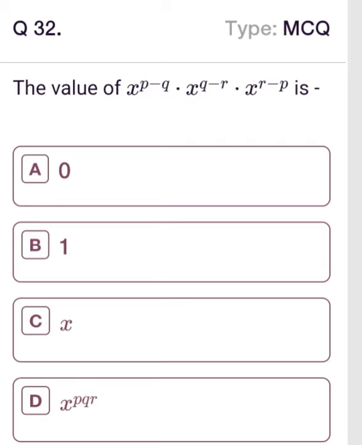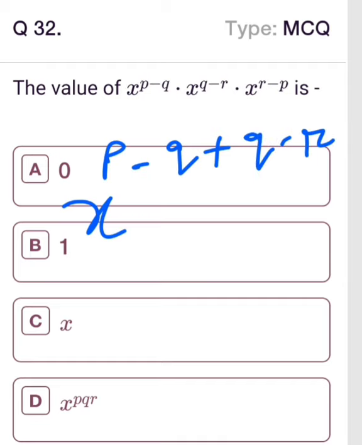Nice question it is. Question number 32. Base is the same. See here. Base is what? X. And what we know from the laws of exponents, if the base is the same, then the powers will be added. Then x power p minus q plus q minus r plus r minus p.